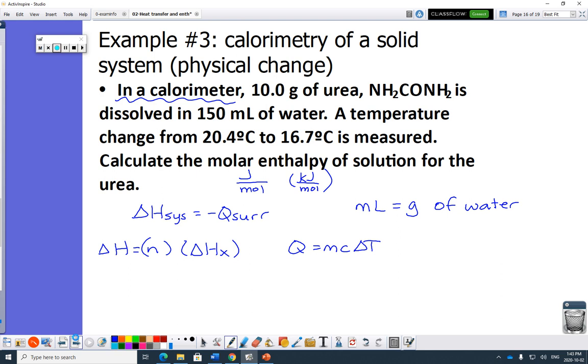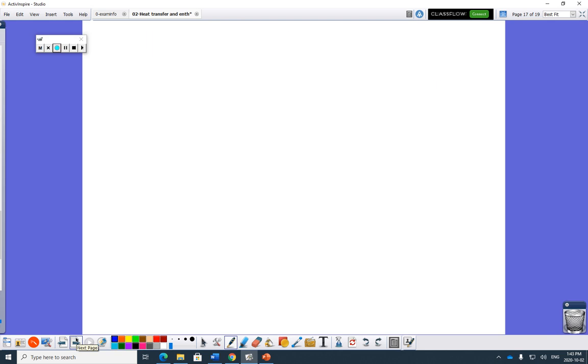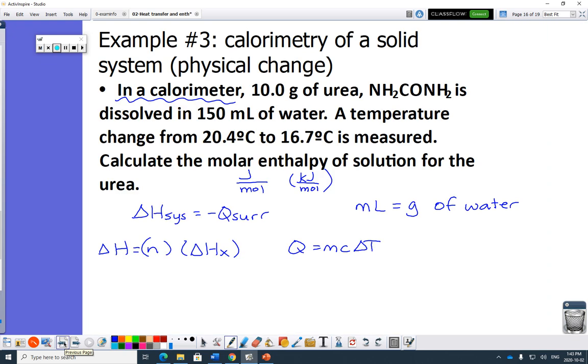Okay, so I'm going to organize my information, my question, in a very particular way. I'm going to basically have a system and surroundings column, and then I'm going to put them together. Maybe it's not obvious what the system is, but the surroundings should always be water. There are a bunch of ways to figure this out.